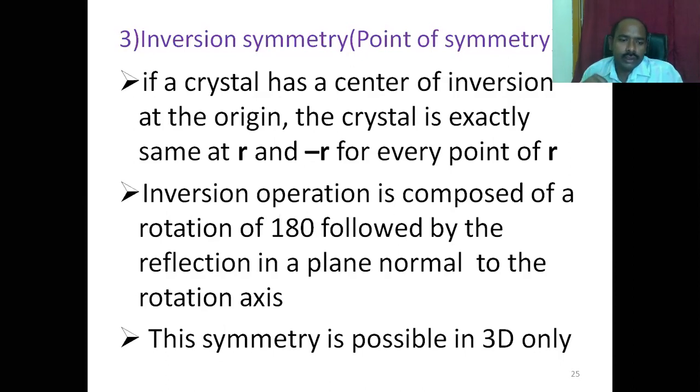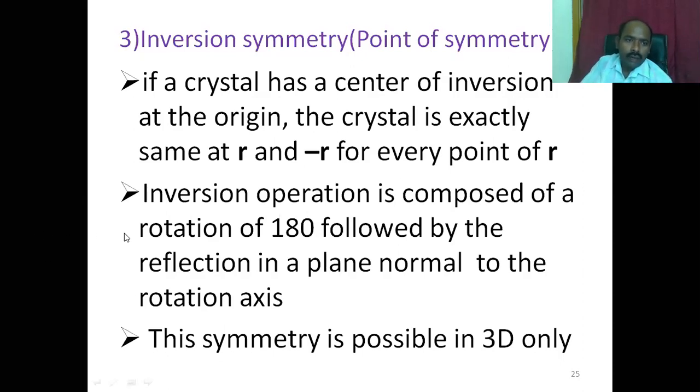Suppose I am taking 2, 1, minus 3; the inversion of that point is minus 2, minus 1, plus 3, just like that. You can imagine what the inversion point of a particular point is and how the inversion symmetry works.